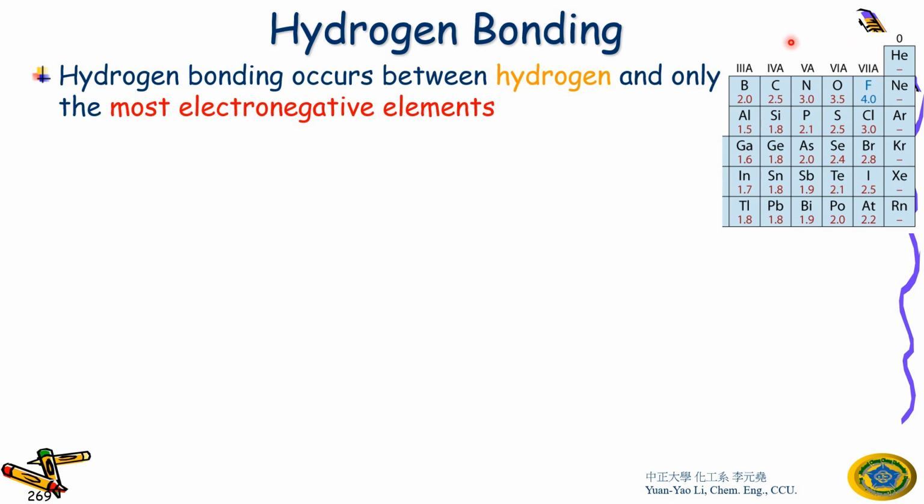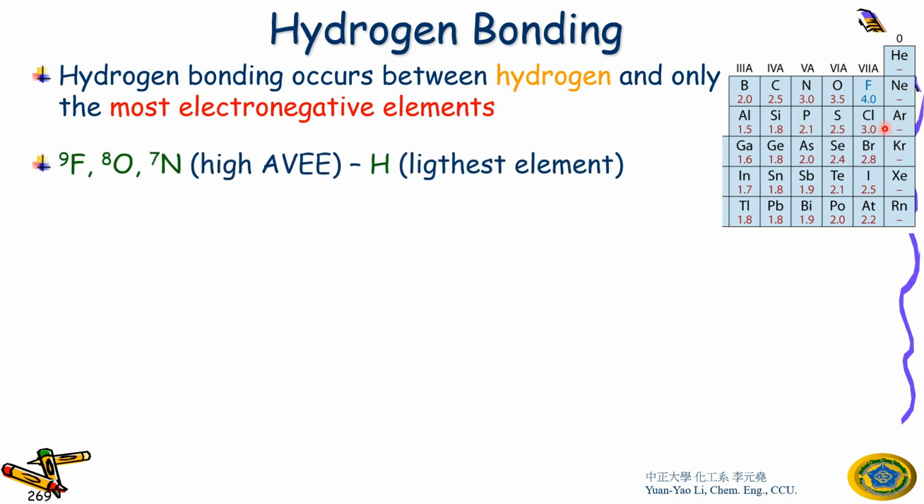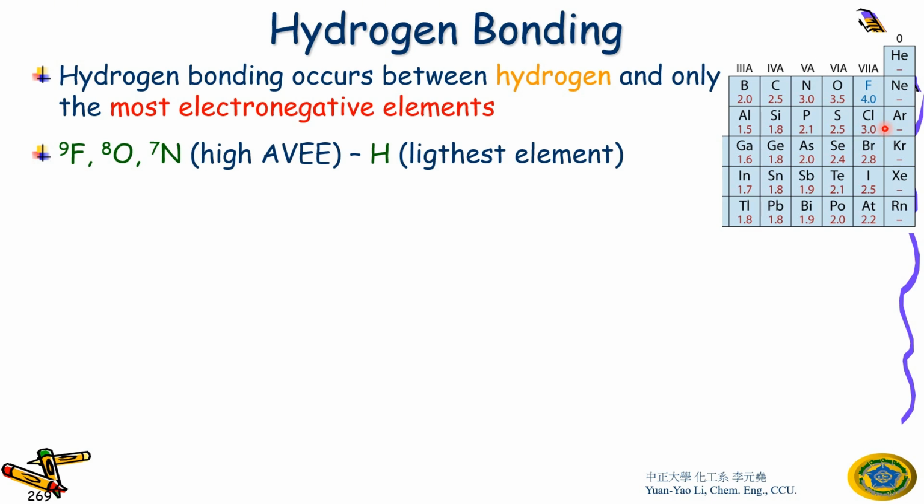This is the periodic table. On the right-hand side of the periodic table, the numbers here show you the value of the electronegativity. When we talk about the most electronegative elements, that means somewhere around this region, right? So this is the special case, especially for fluorine, oxygen, and nitrogen interacting with the hydrogen.